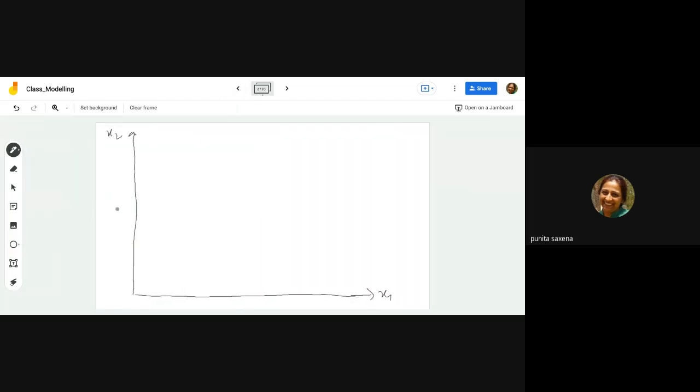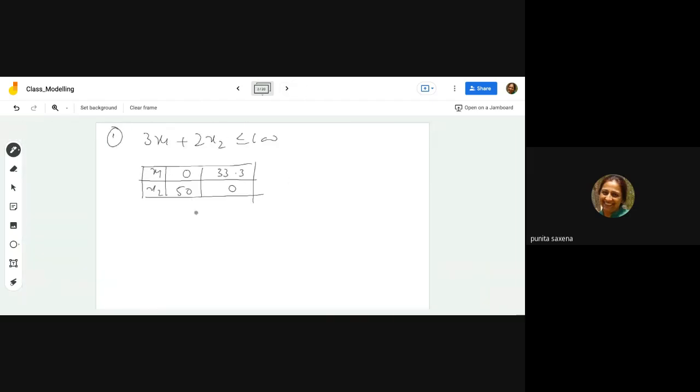Now, I will have my points like this. Let's start with this much, and let's see whether we are able to plot it or not. Are you also plotting? Yes. Okay. Now, the first point that we are going to plot is 0, 50.